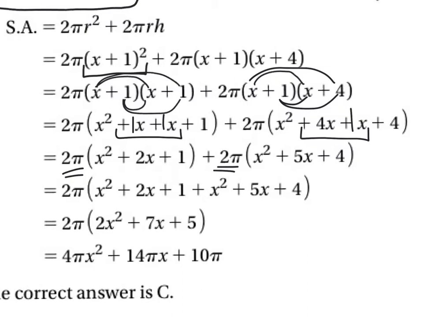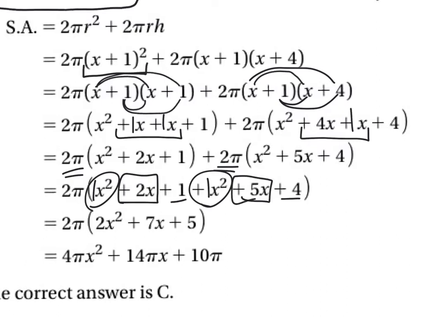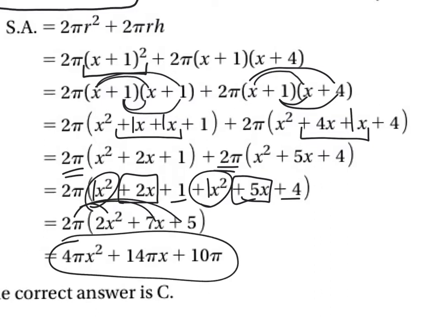Actually, they did that at the end after they combined like terms, so that's fine. Everything's being multiplied by 2 pi, so they combine their x squared terms, which was 2x squared plus 7x plus 5, and then they distributed the 2 pi to all of those. And then you can see that matches up with answer choice C.